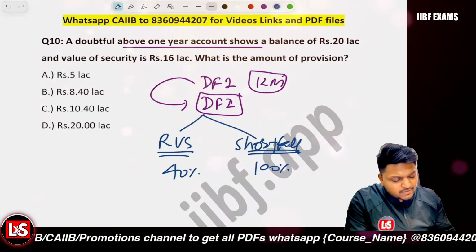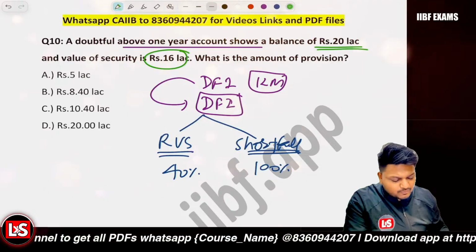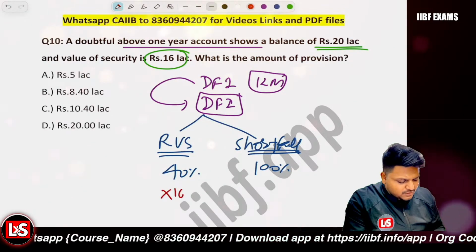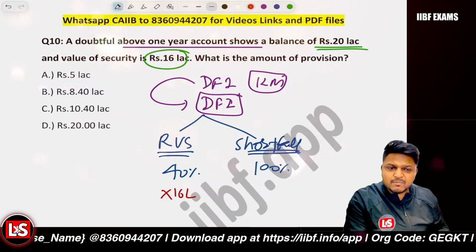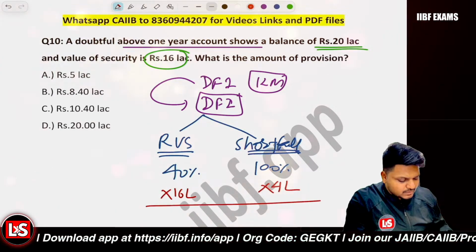So here we have an outstanding balance of 20 lakh rupees and a value of security of 16 lakh rupees. So 16 lakh will go toward the realizable value of security, and 20 lakh minus 16 lakh, that is 4 lakh, will go toward the shortfall in security.